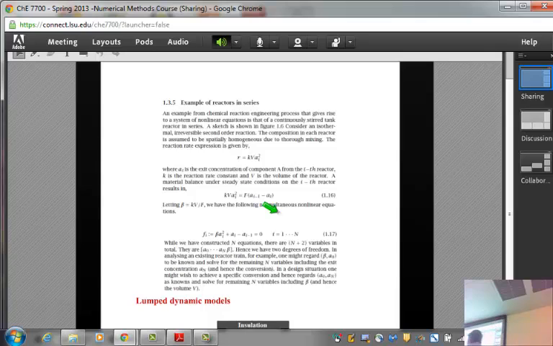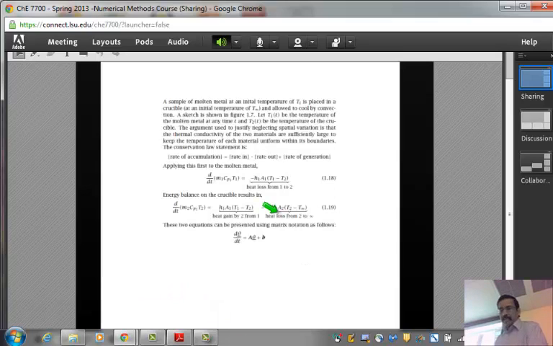But if I know the reaction rate constant from measurements, and if I know the volume of the reactor and the feed rate, then beta is a known constant. So in this equation, beta is known and A0 is known. All the others are unknown. Because I have Ai squared, it makes it into a nonlinear equation. That is a nonlinear, lumped, steady state model. So it's an algebraic equation that we need to solve.